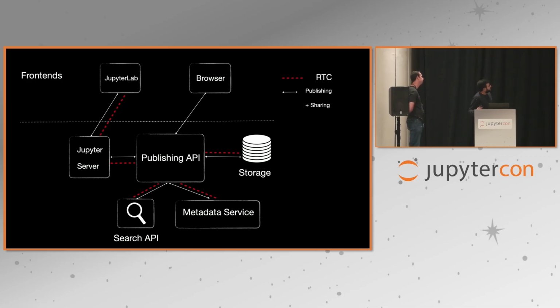It doesn't matter. That way, you would have to write a couple of extensions integrating with the API, and you would get all the publishing and sharing aspects out of the box. Not necessarily out of the box, but with very minimal work.